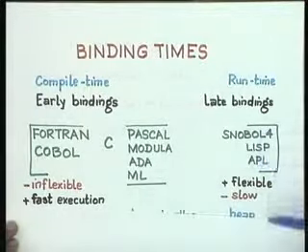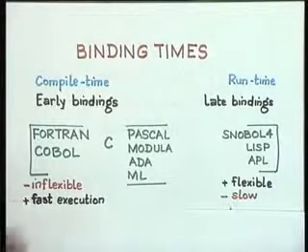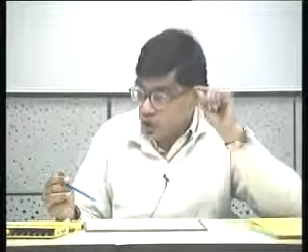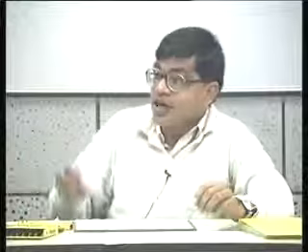If you look at Snowball and Lisp, since the bindings are all late and most of them are done at runtime, you have to do fresh memory allocation and all the bindings, like name address bindings, at runtime. This means that you also require a garbage collector, which tells you exactly what part of the memory is being used, what part is not being used, and what is available.